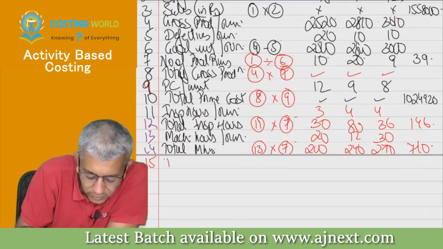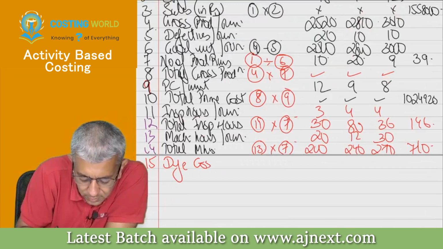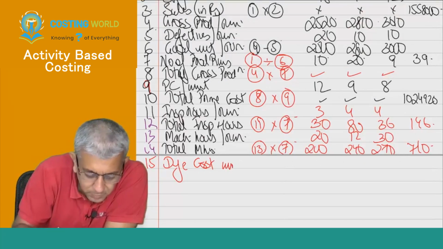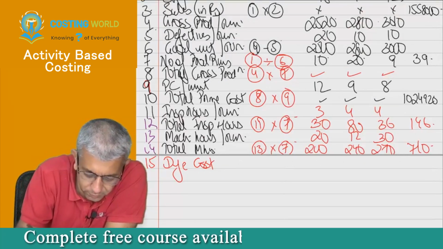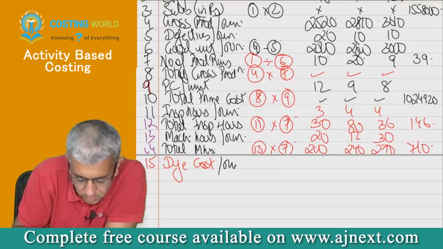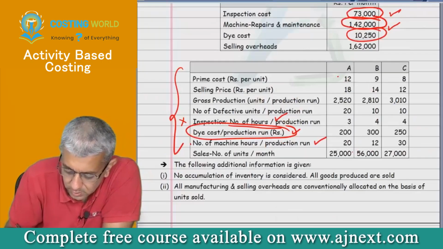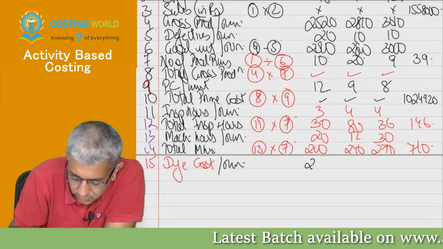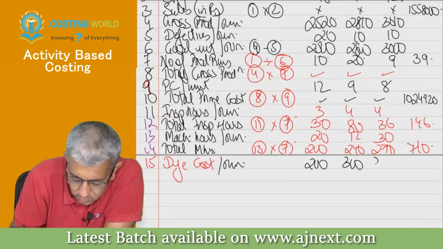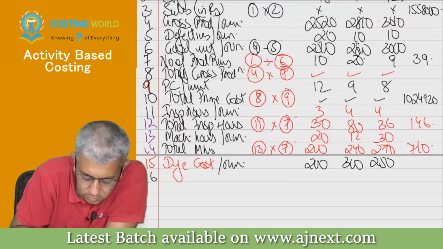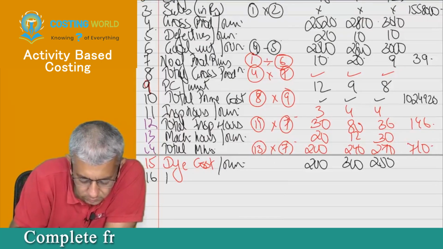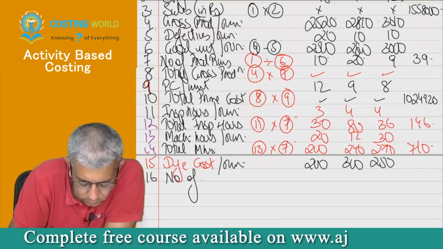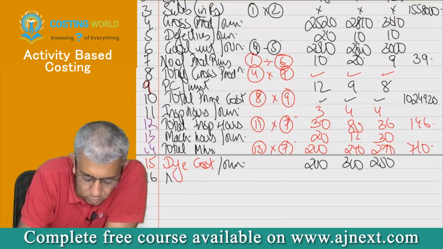So you all write down over here 15th, die cost per run. That is die cost per run 200, 300. Sorry, total die cost.